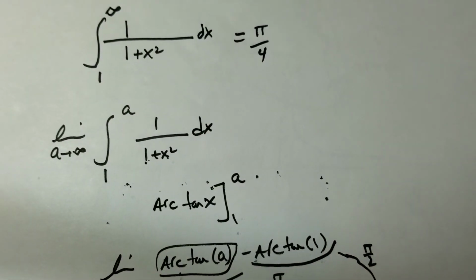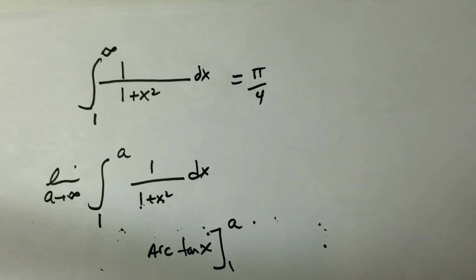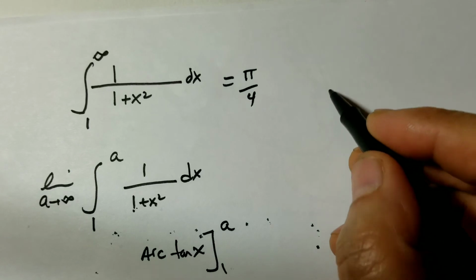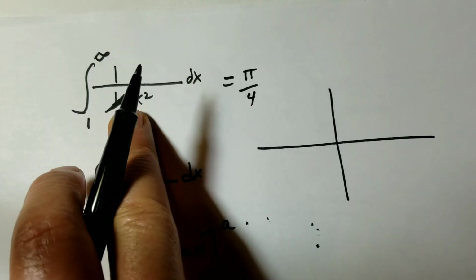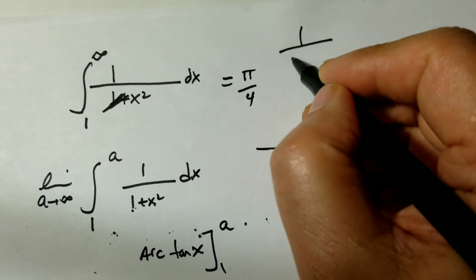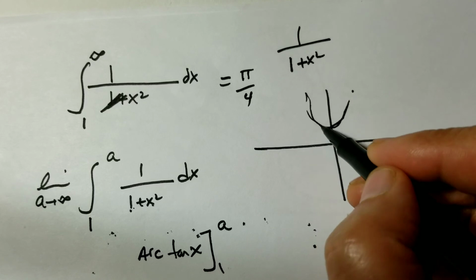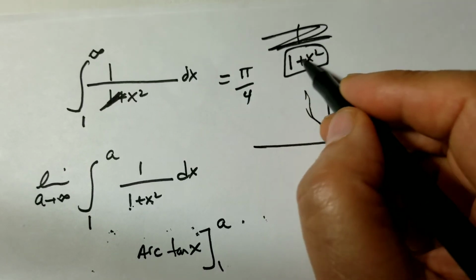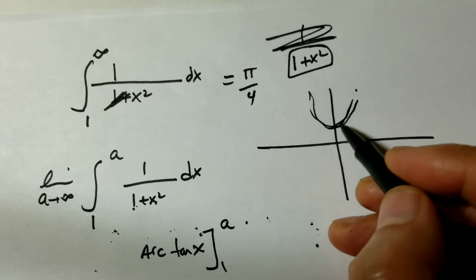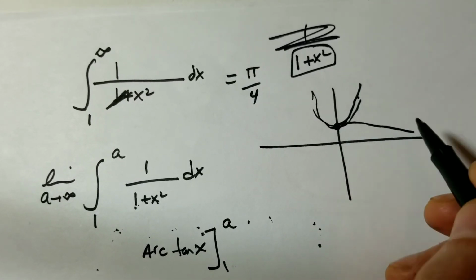That really converges. Even though you go 1 to infinity, because of the area under the curve, that's the reciprocal of what? Reciprocal of what? I shouldn't scratch the 1 right here. That's the parabola shifted up 1 unit, which is right here. I'm talking about that one, not that one. See, parabola shifted up, but when I flip it, reciprocal of 1 is 1, reciprocal of infinity is 0.